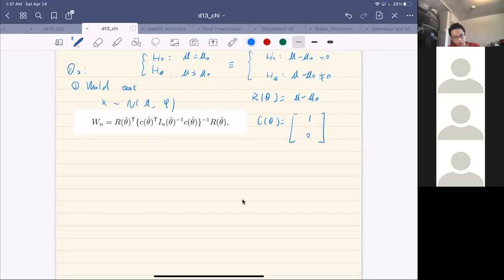We know that under the likelihood, the MLE is X bar and sigma square.